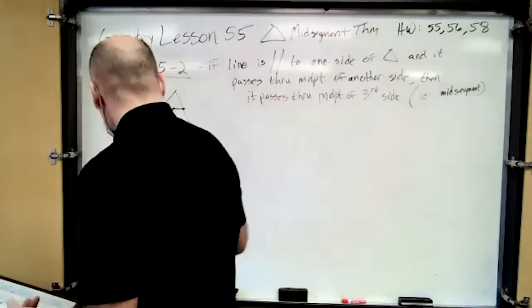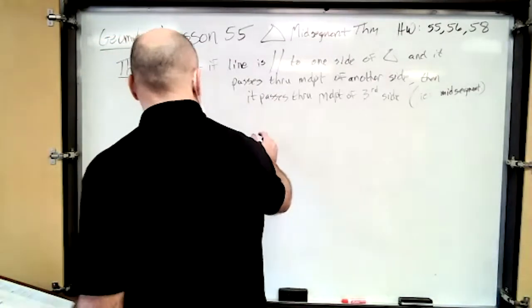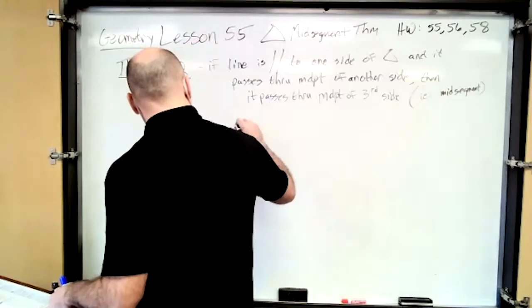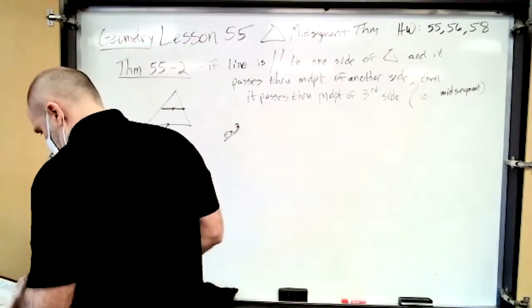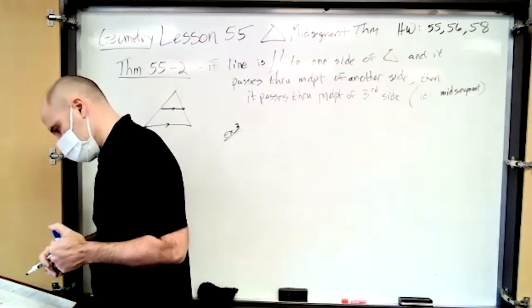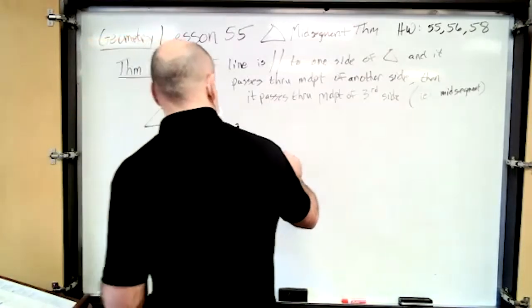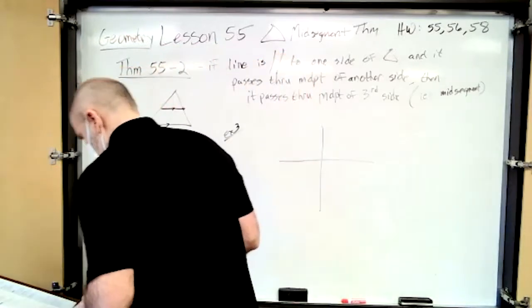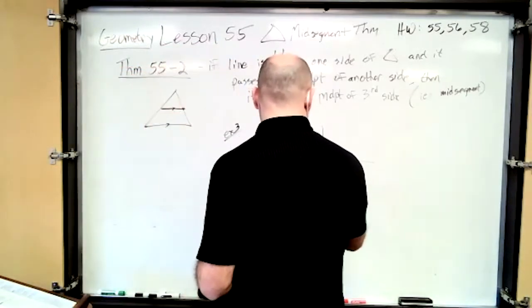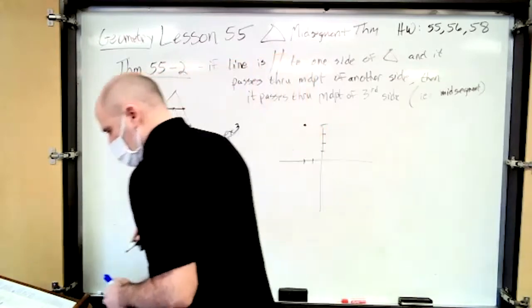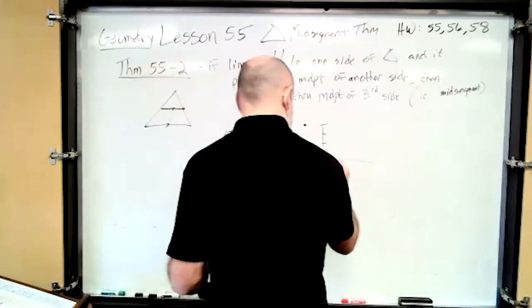So now we can kind of do the opposite here. So here is example 3. We're going to identify the midpoints of the sides of a triangle on a graph. So here's what the graph looks like. There's one vertex of a triangle.